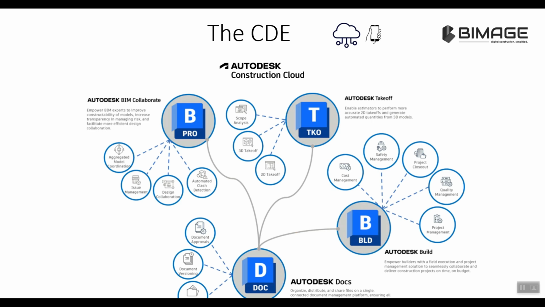This is the picture which represents your CDE, common data environment. Here you can see Docs is the common product for BIM Collaborate, Takeoff, and Build. Once you get access to Collaborate, Takeoff, or Build, you will automatically get access to Autodesk Docs also. Of course, this is available standalone also.